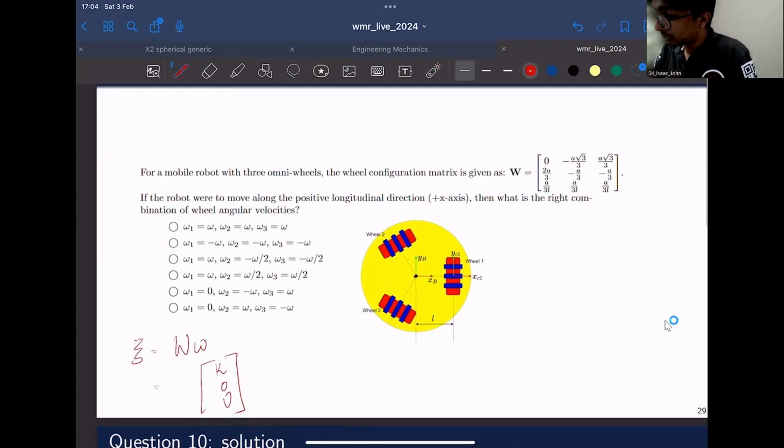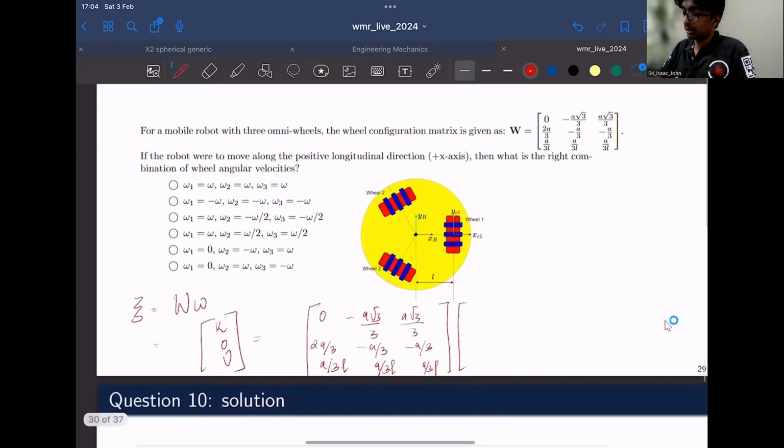If I reproduce W, this should be 0, minus root 3 a by 3, root 3 a by 3, then 2a by 3, minus a by 3, minus a by 3, then 1 by 3l, 1 by 3l, 1 by 3l.